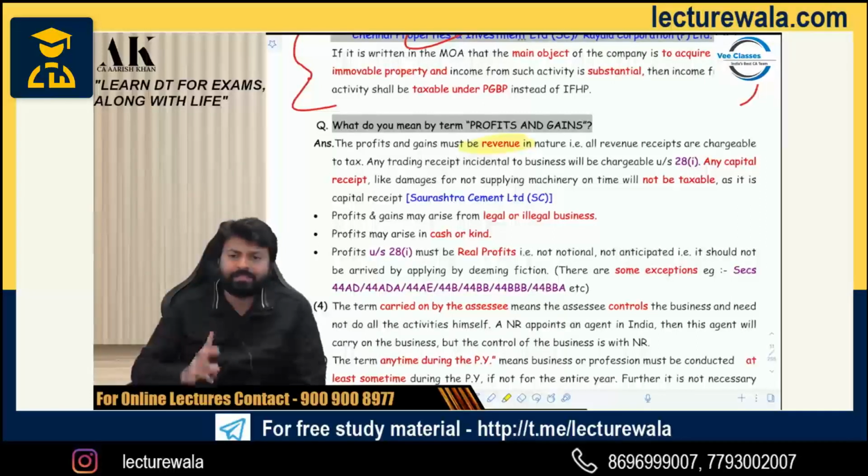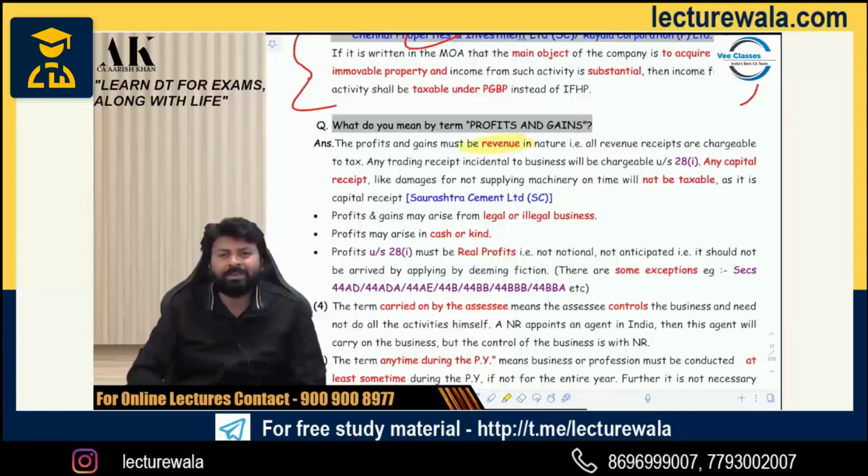Be very clear. Second, profits may arise from legal or illegal business. If you are doing a legal business, yes, it is subject to tax. If you are doing an illegal business, that is also subject to tax. Why are we going to spare you? For example, in Gujarat, selling alcohol and liquor is illegal. But if you are still selling it and you are getting caught, then we will take tax from you.